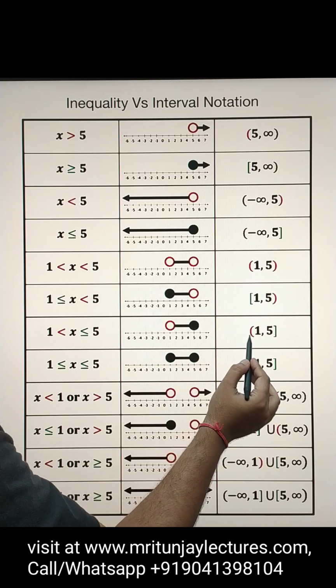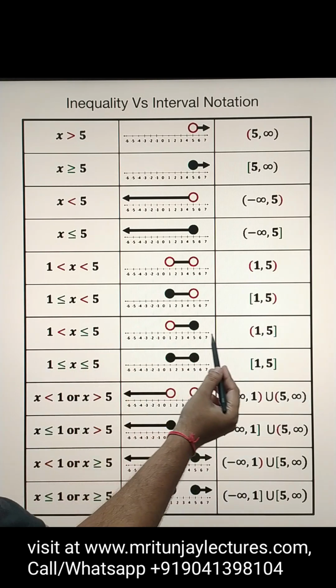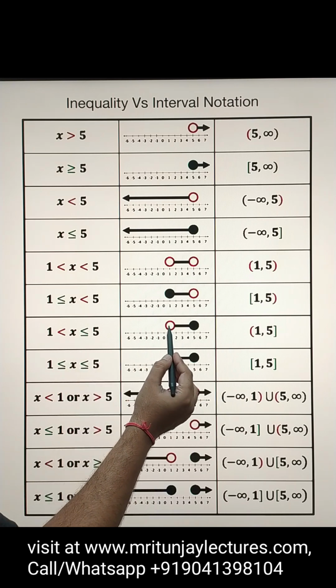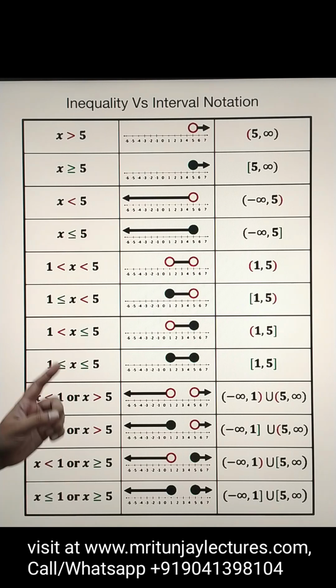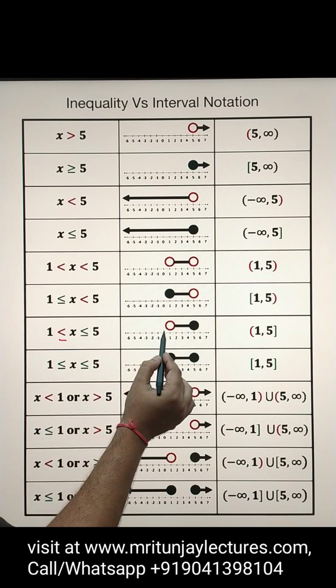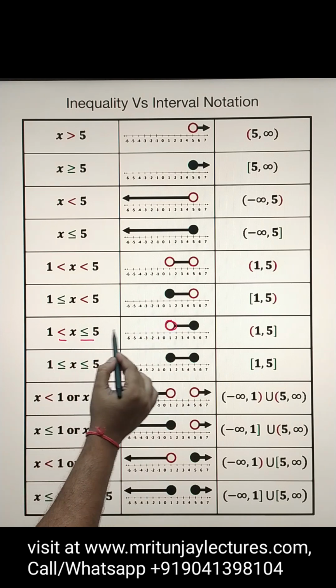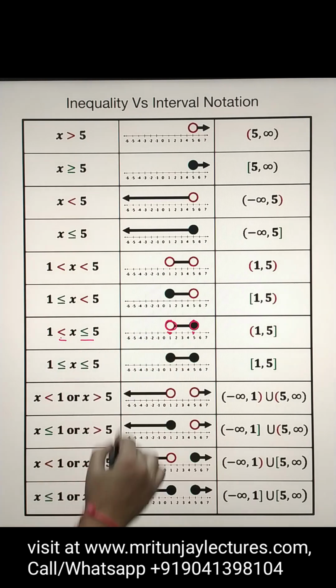It means open at 1 and closed at 5, and if you represent it in a graph, 1 is an open circle, corresponding to that sign, and at 5 a dot.